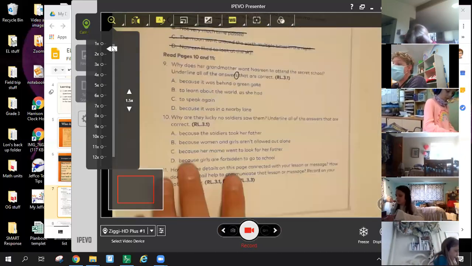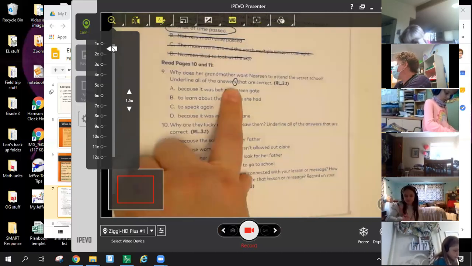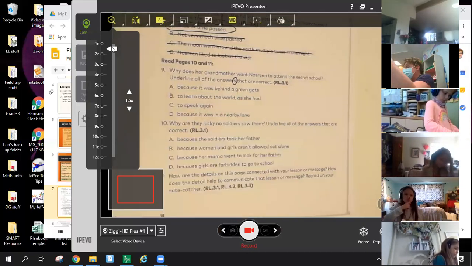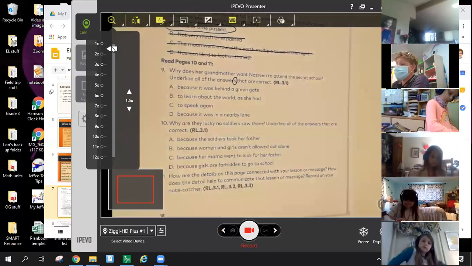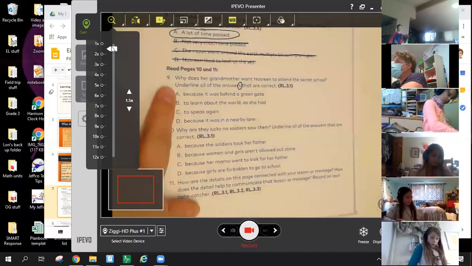The letter S is at the end of answers. So how many answers are we going to have? More than one. We don't know if it's 2 or 3 or 4, but we know that we're going to have more than one answer. Right, Paxton? It says underline all of the answers.